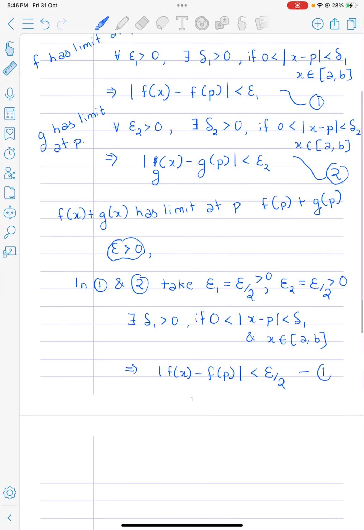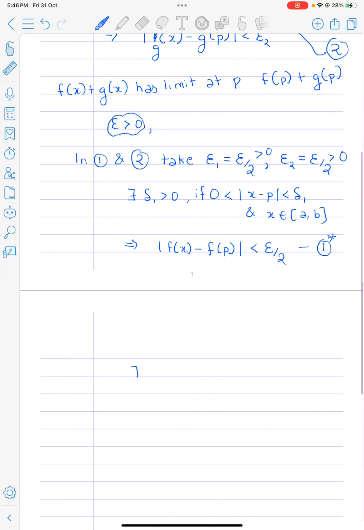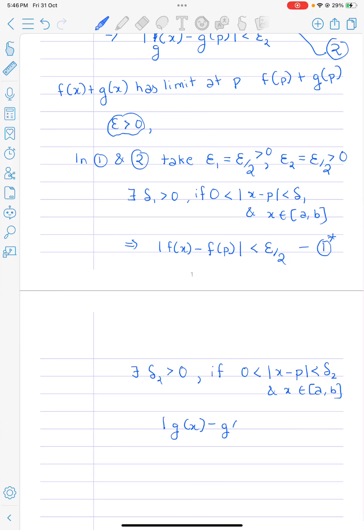This one is your 1 star. And now 2 star will be similarly: there exists a delta 2 greater than 0, such that if x satisfies this and x satisfies this, then |g(x) minus g(p)| is less than epsilon by 2. This is 2 star.